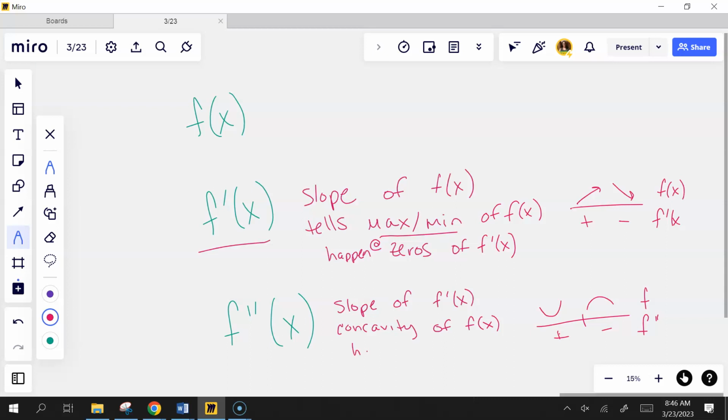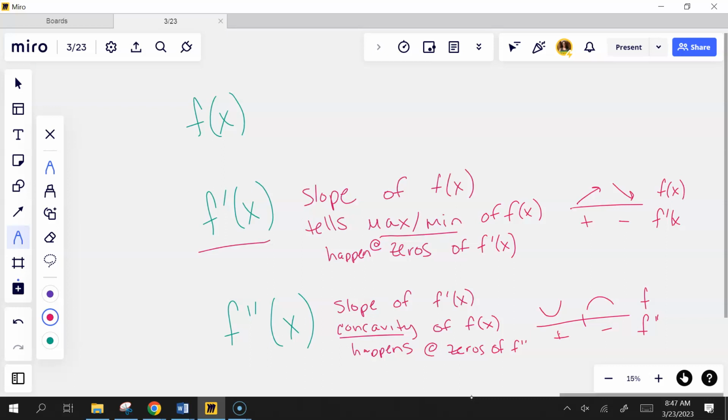Yes, again, this happens at zeros of the second derivative. That makes sense? Yes, but you have to be able to really interpret and go back and forth with them depending on what you're given. The most straightforward is given the derivative, tell where the max or mins happen, or vice versa.